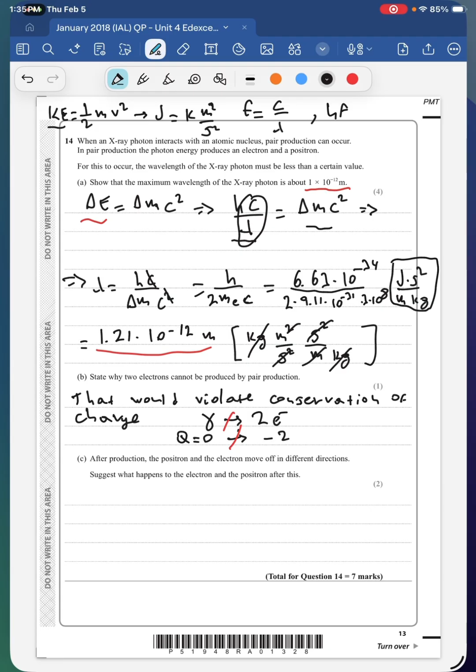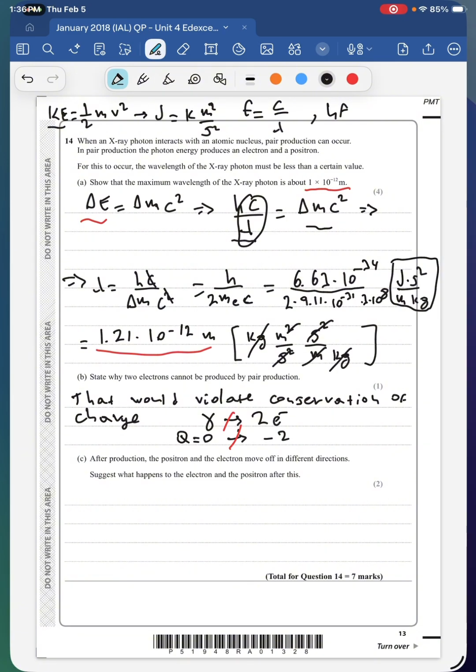After production, the positron and the electron move off in different directions. Suggest what happens to the electron and the positron after this. This is a trick question, so you have to get a little bit creative. What will happen to the electron?